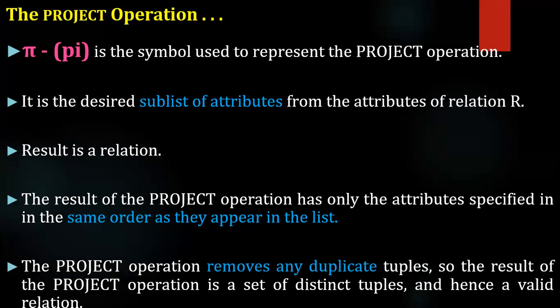Among these 7 names, Ravi appears more than one time, so it is a duplicate value. If we want to display the name of the student, it will remove those duplicate values and display only distinct tuples.